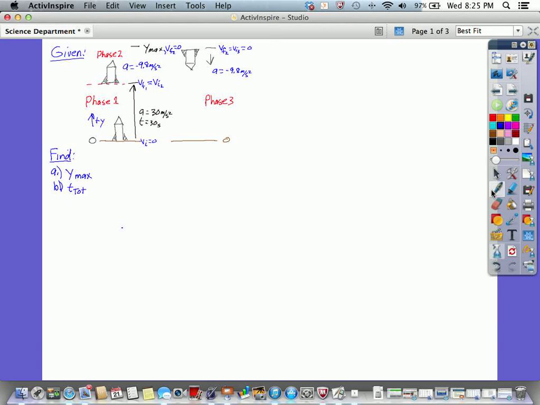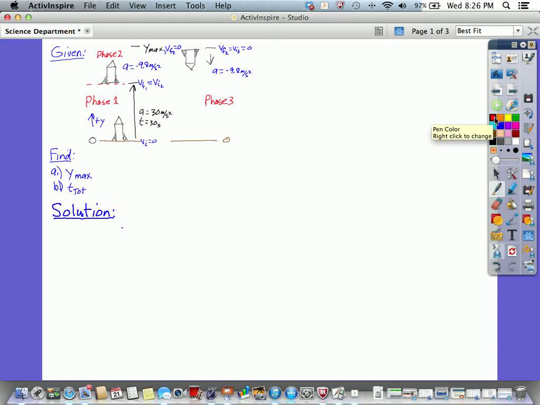But let's make sure that we're following a consistent procedure. Ask ourselves in phase 1, the first thing we want to do is determine what kind of motion it is. Does it have an acceleration, yes or no? Yes, it does. Is that acceleration constant, yes or no? They gave us a single value, 30 meters per second squared, so it is.